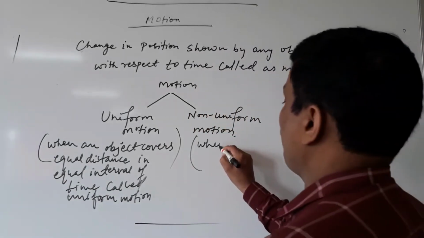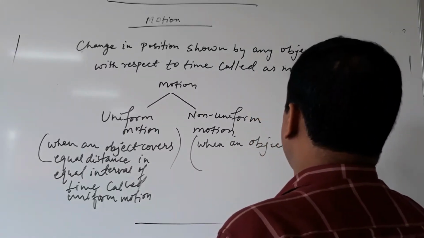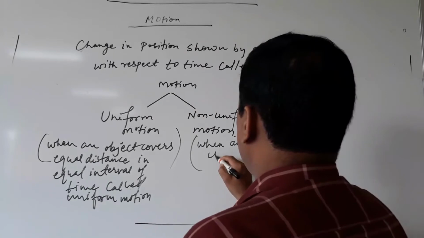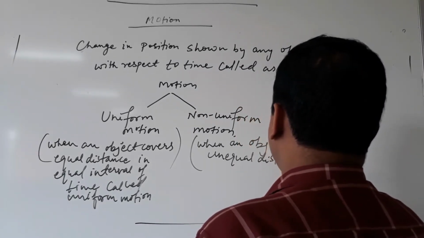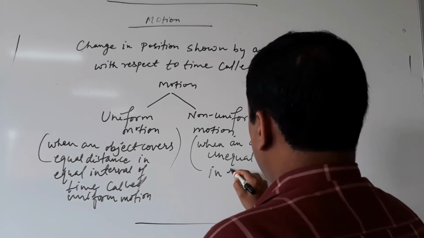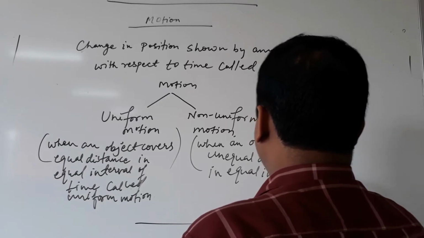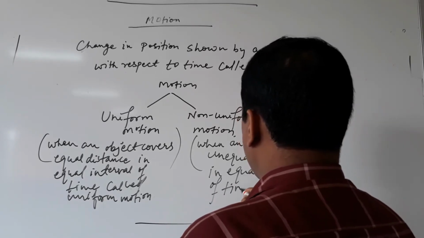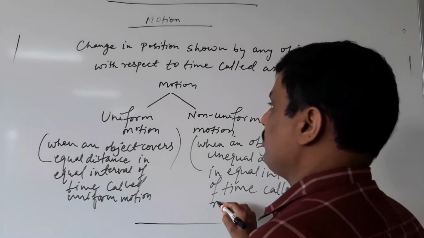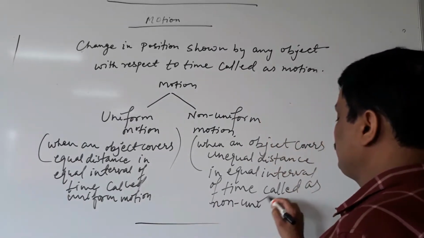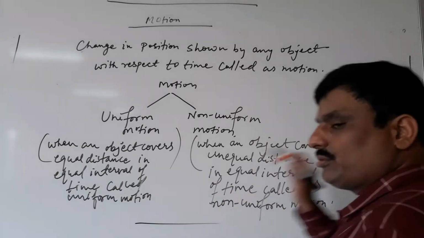When an object covers unequal distance in equal intervals of time, it is called non-uniform motion.